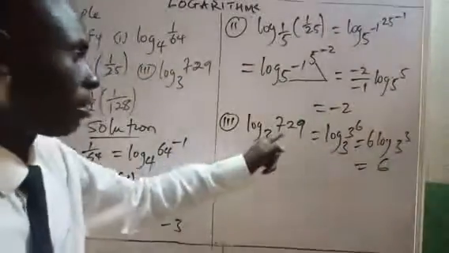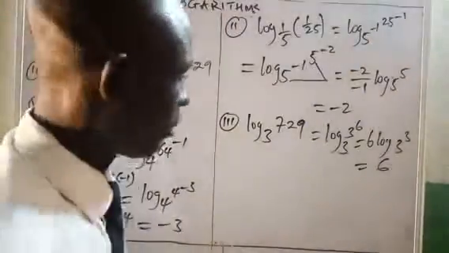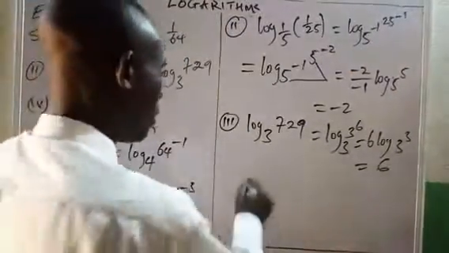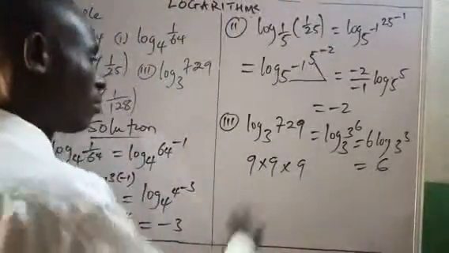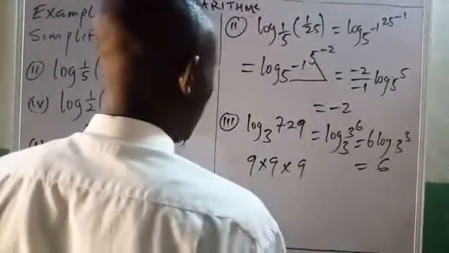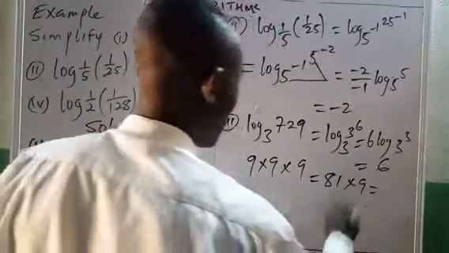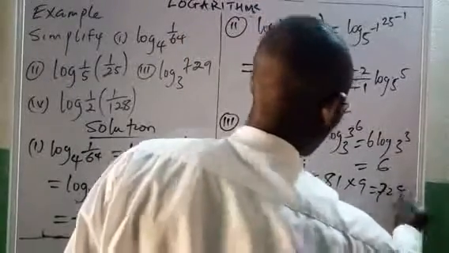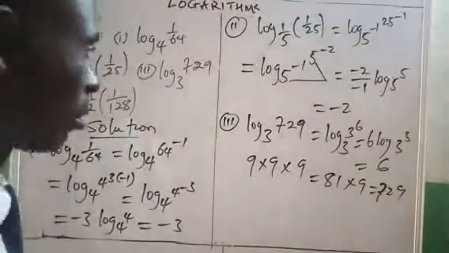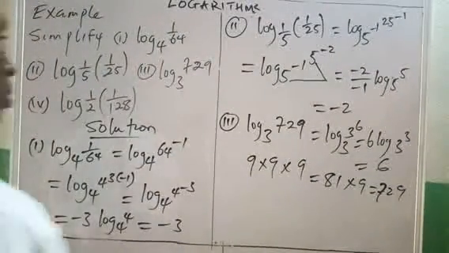So you can check. Just check 3 times 3 times 3, that is 27. 9 times 9 times 9, 9 times 9 is 81. That's 3 raised to the power of 6. So that will be equal to 81 times 9. 9 times 1 is 9, and 9 times 8 is 72. So you have it as 3 raised to the power of 6.